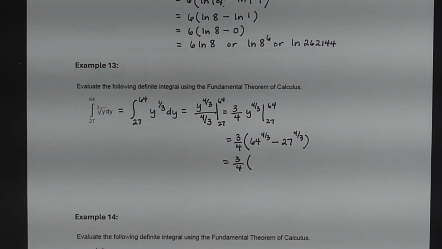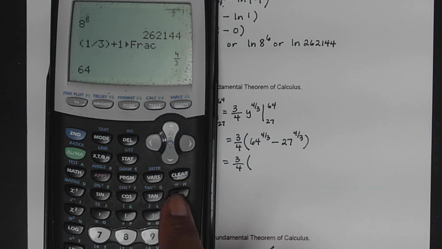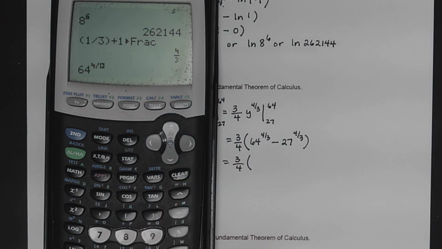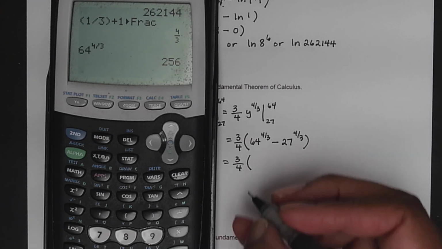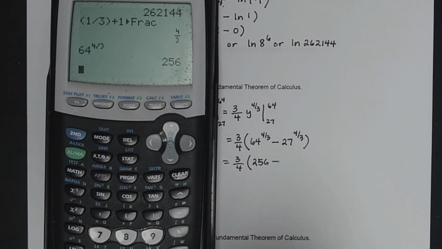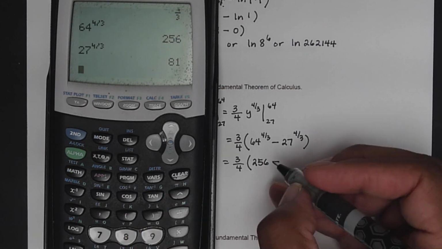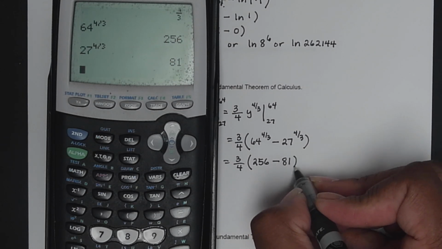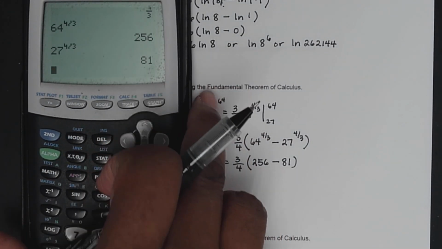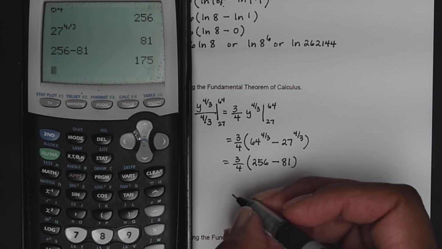Let's see here. If I do 64 to the 4/3 in the calculator, that'd be 64, then the power key, 4 divided by 3. That would be 256, minus, and then 27 raised to the 4/3. 27, power key, 4 divided by 3, that's 81. And then if I do 256 minus 81, that would be 175.